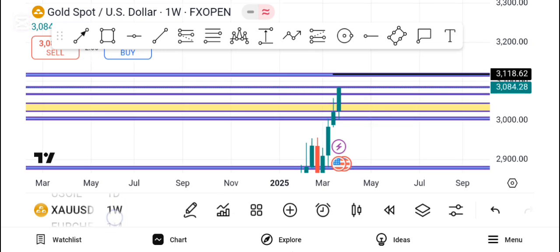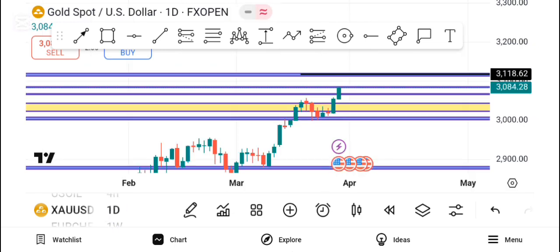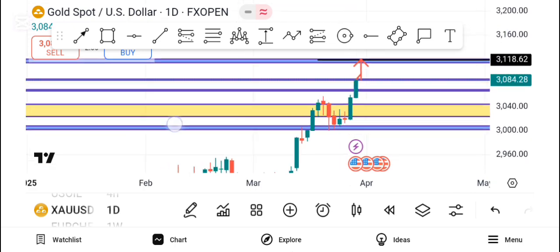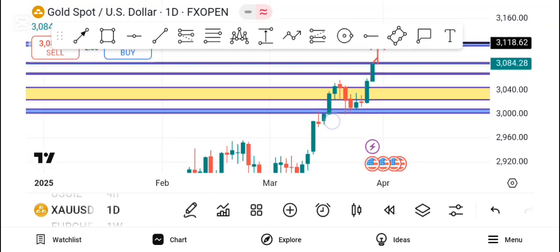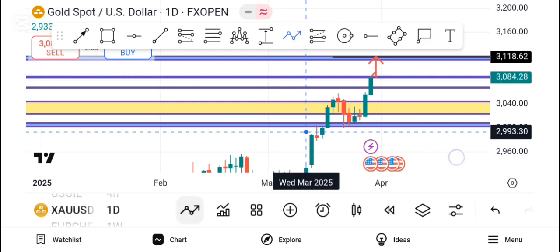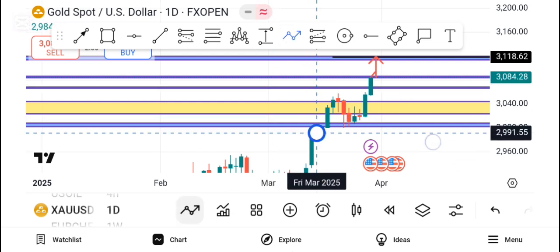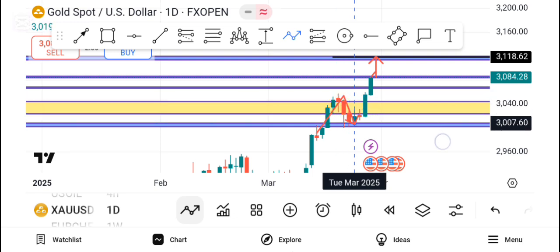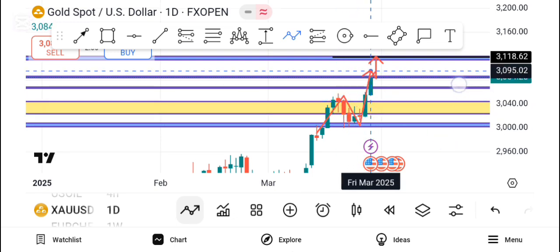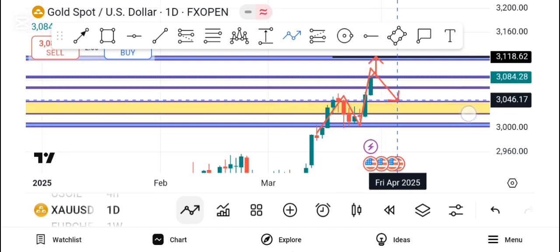Let's go to the lower time frame and look at our entries. You can see a beautiful uptrend on the daily time frame. You can see this push here. Let's start from here. Higher high, higher low, higher high. Are we going to get a higher low before we buy?